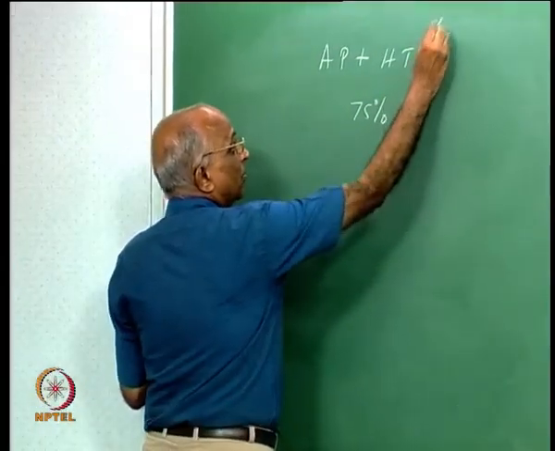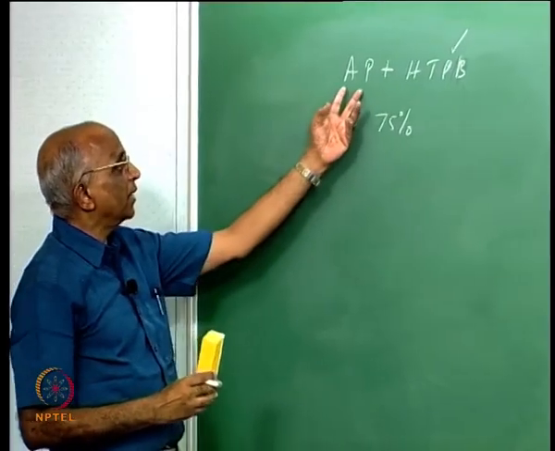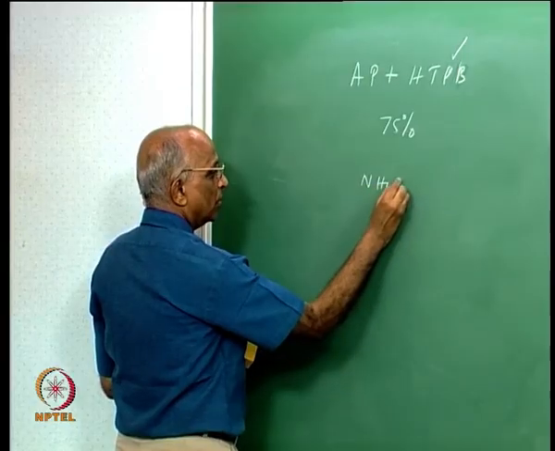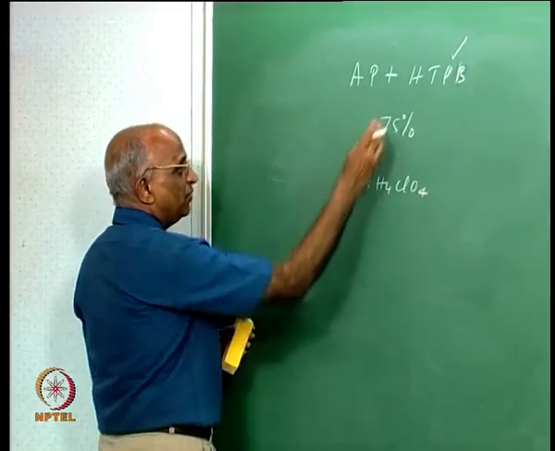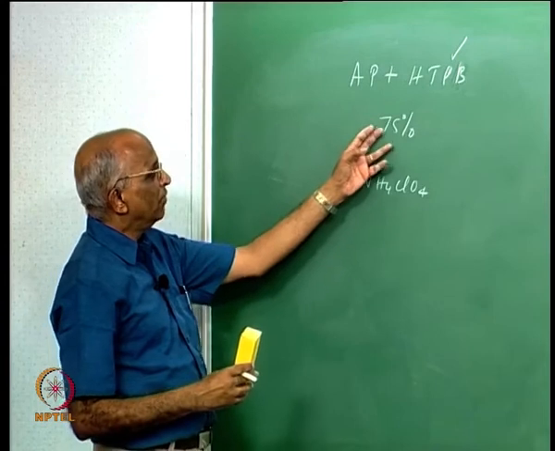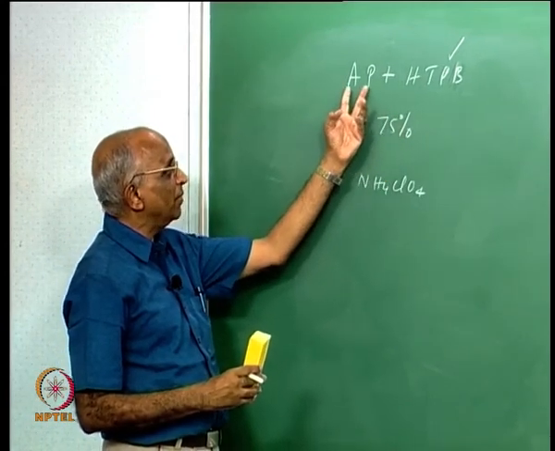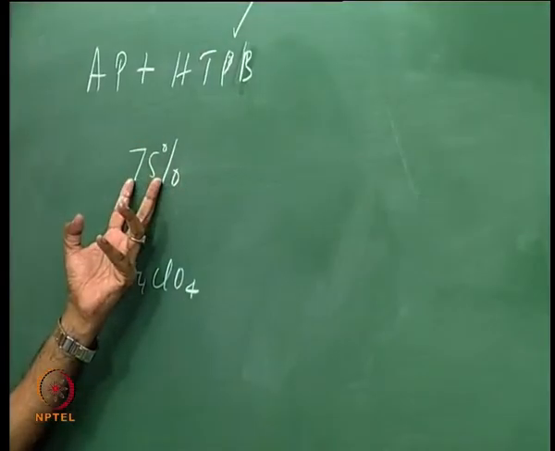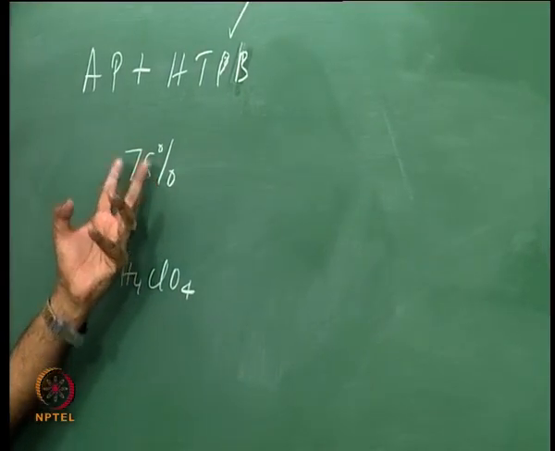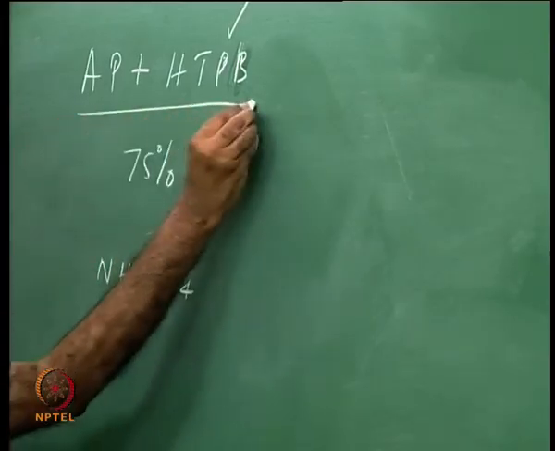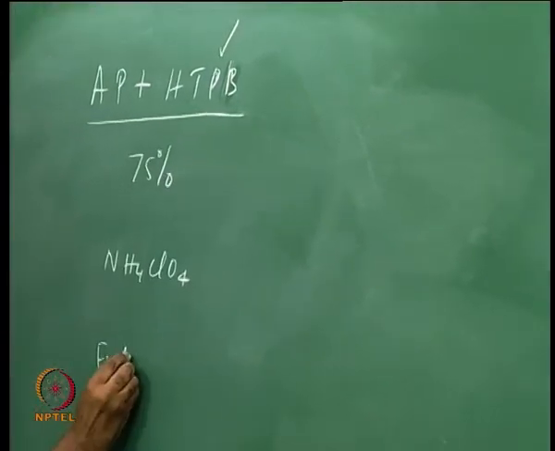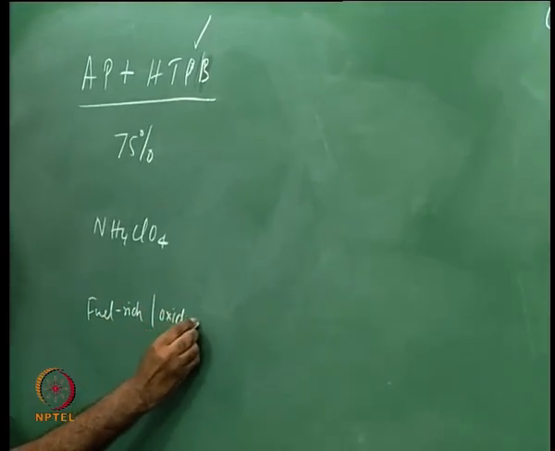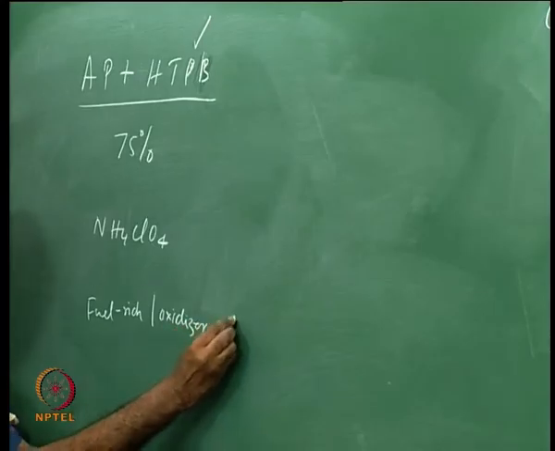I give you the molecular mass of HTPB, I know the molecular mass of AP, namely NH4ClO4, and if this is given, I want you to find out whether with 75% solid loading, that means mass of AP in the total mass of propellant is 75%, this is what we called solid loading, this propellant is fuel rich or oxidizer rich. You can do the same thing.